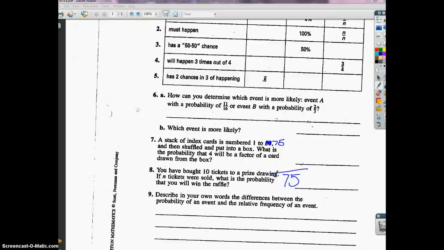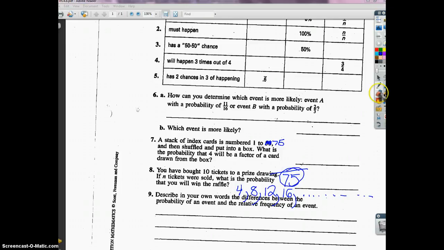I know that 4 is a factor of 4, so I got 4. 8's going to be in there. Okay, 12, 16, and I would keep going, listing them all, right? All the way up to 75.